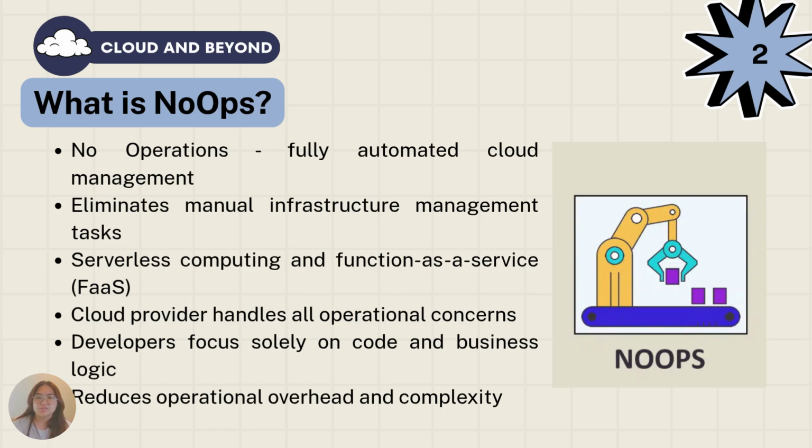So developers can focus entirely on their business logic and features rather than dealing with infrastructure problems. The cloud provider guarantees you uptime and can scale your application automatically based on demand. And it reduces operational complexity and costs, especially for organizations without a large development operations team.